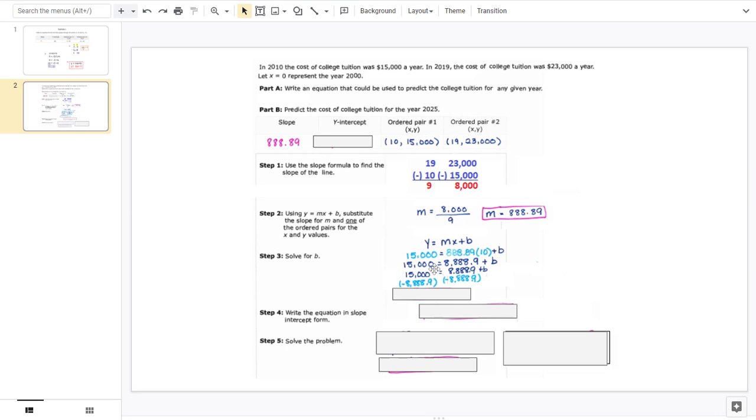$8,888.90. Okay, and then we're going to go down here on this part and we're going to cancel this out so that we have nothing left here. In order to cancel this, it was a positive $8,888.90, so we're going to take away $8,888.90. Now whatever we do over here, we're going to do over on the other side.